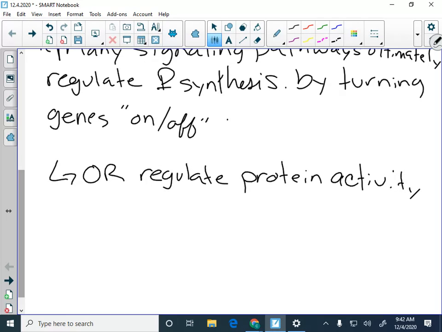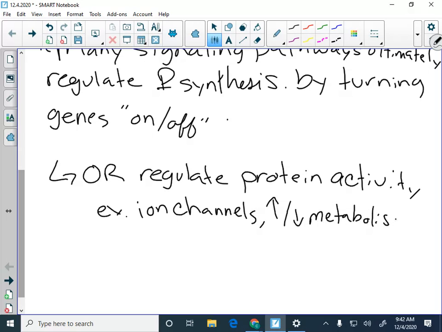This is like opening or closing ion channels, or increasing or decreasing metabolism. Metabolic enzymes, all of the enzymes that we talked about with photosynthesis and cell respiration, anabolism, catabolism, can all be affected by signals received via these signal transduction pathways.